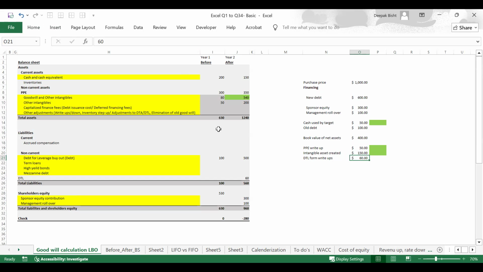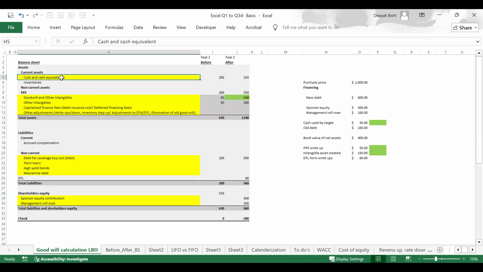So let's understand this question. This is the example where we are discussing the leveraged buyout and how the balance sheet looks. In simple terms, there is going to be a difference in the cash equivalents, other tangibles, and capitalized financing.